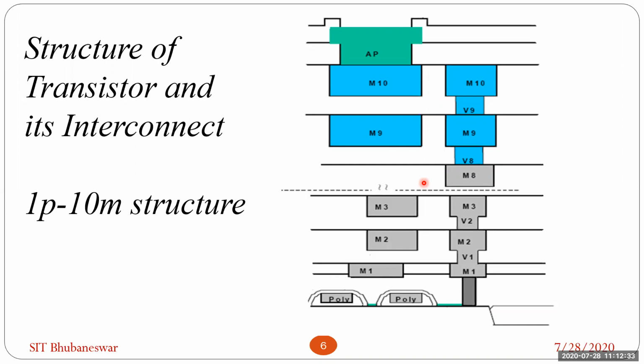Tell me. Sir, the upper interconnect is exposed to the outer atmosphere, so will impurities be trapped inside it, or are there some other processes to isolate that? No, that is the epitaxial layer.